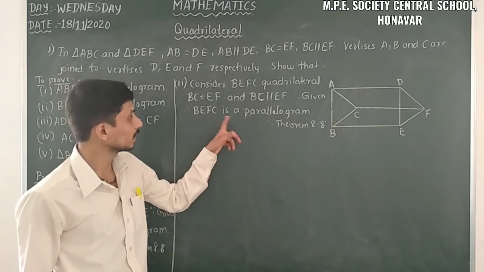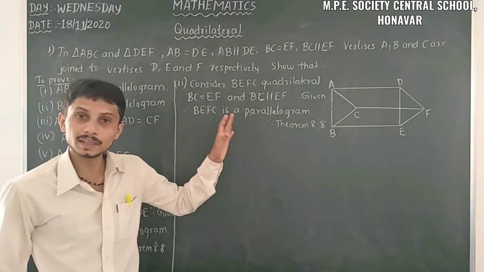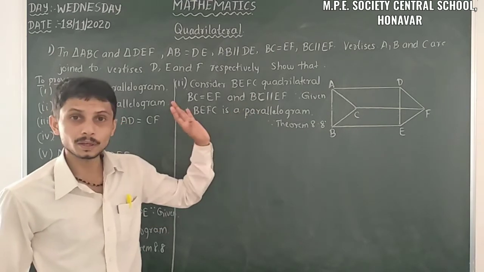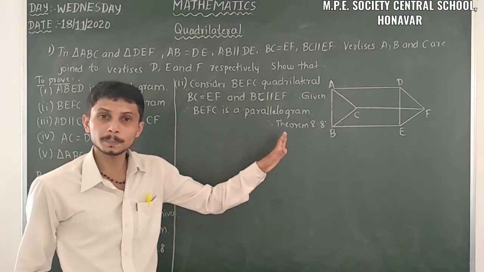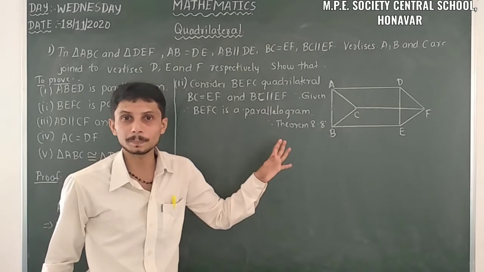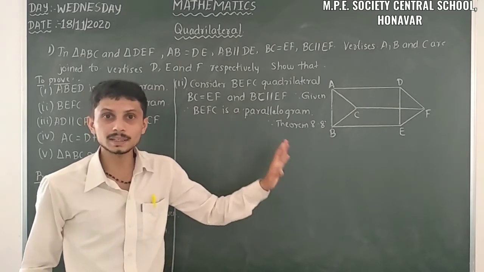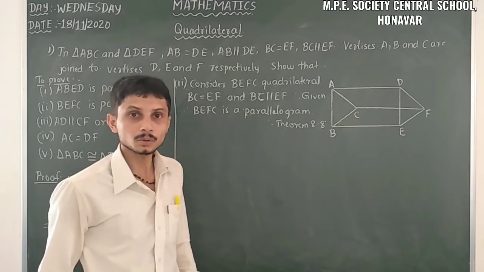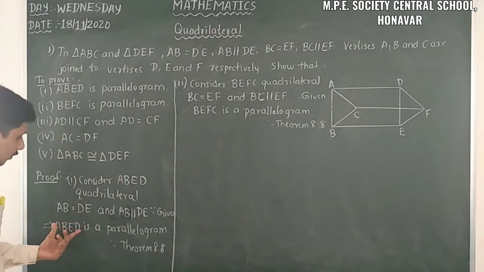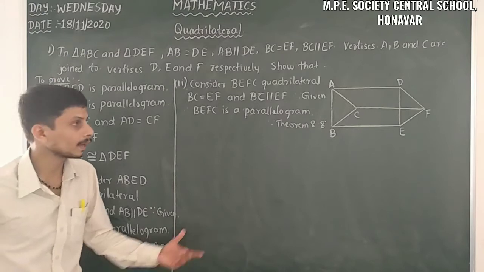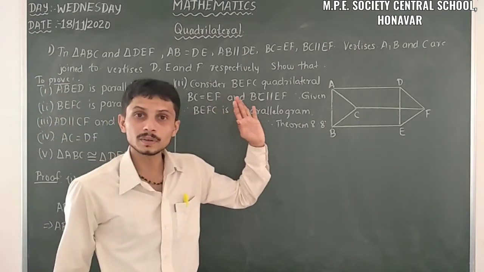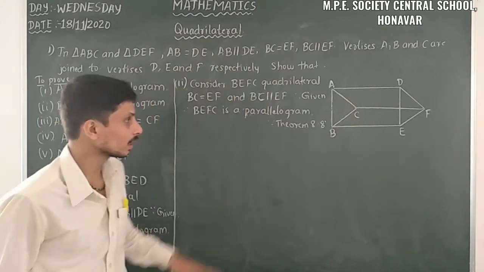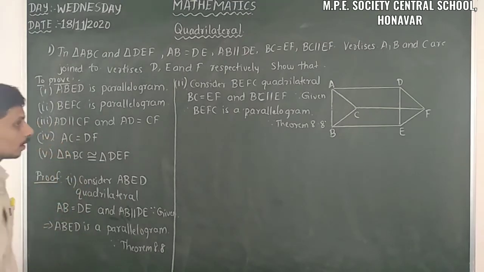In a quadrilateral, when one pair of opposite sides is equal and parallel, we can consider it a parallelogram. So here ABED is a parallelogram, and BEFC is also a parallelogram. Let us move on to the next case, the third one.